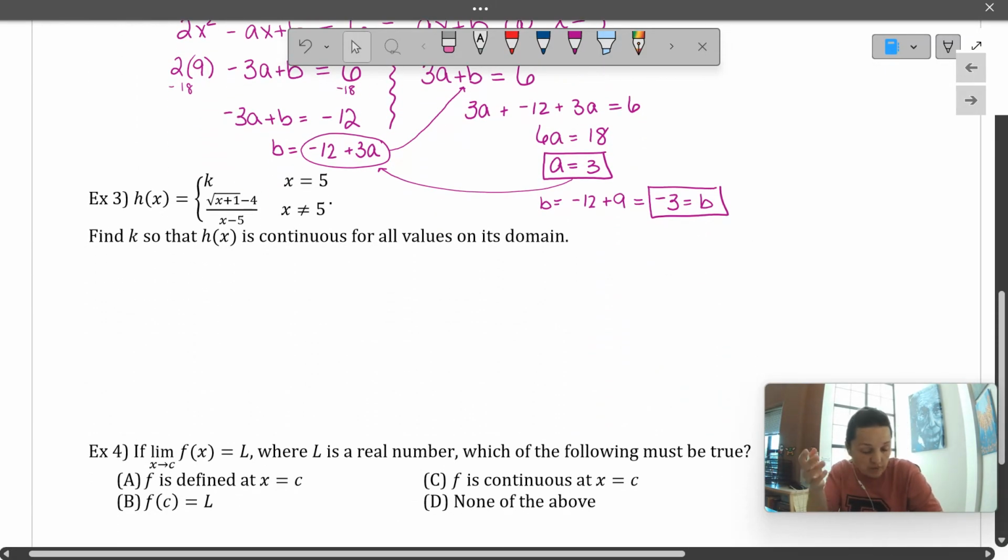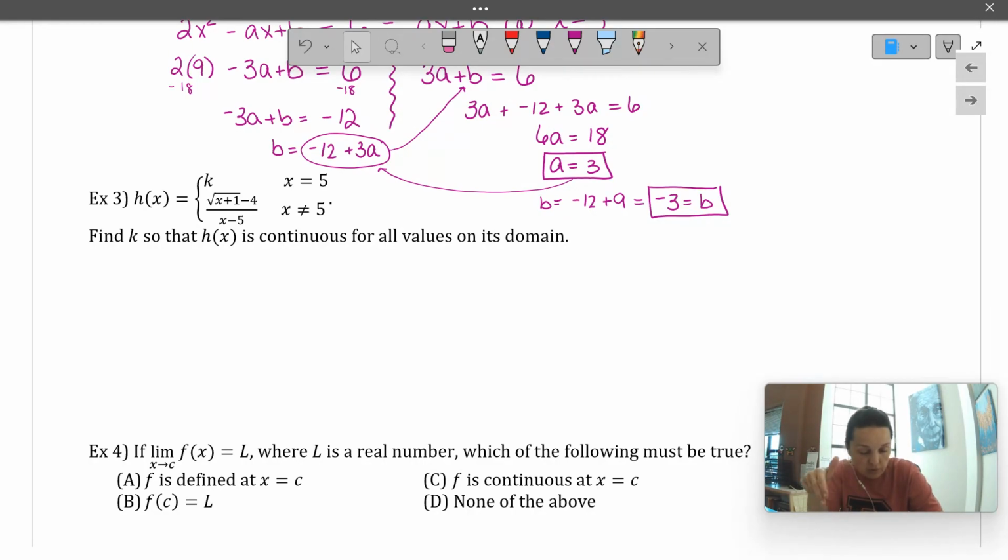Three says h of x is k for x equals 5, and the square root of x plus 1 minus 4 over x minus 5 for x does not equal 5. Find k so that h of x is continuous for all values on its domain. Do not write this down. Red means stop.